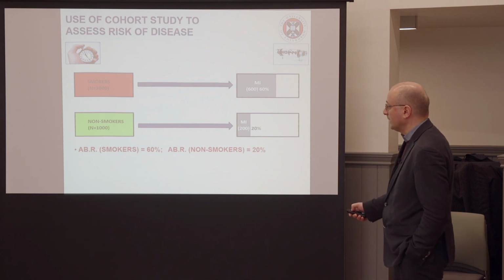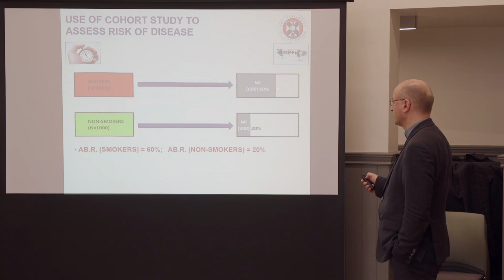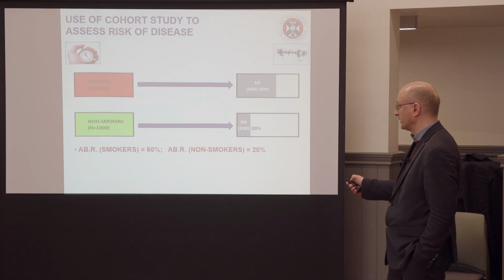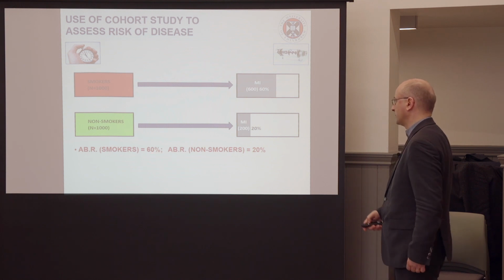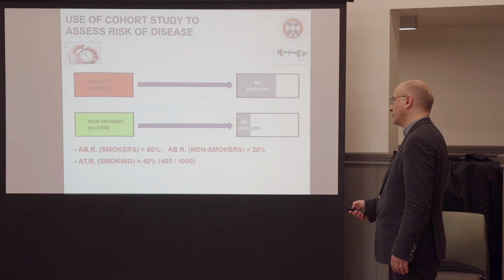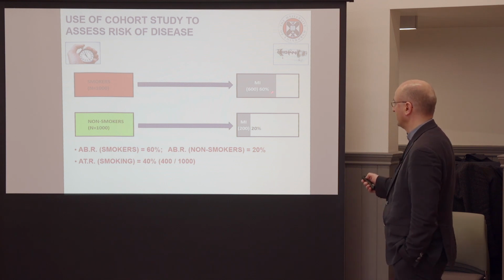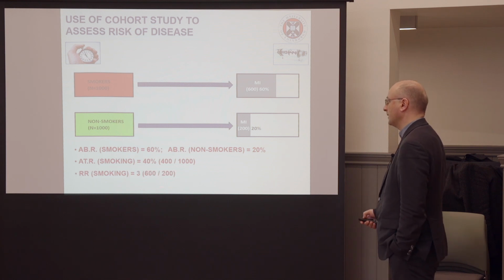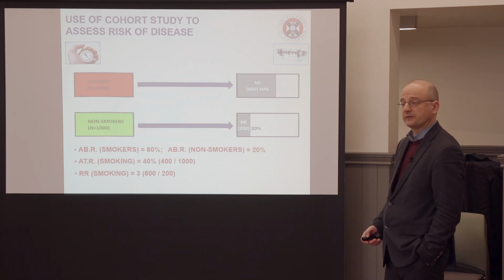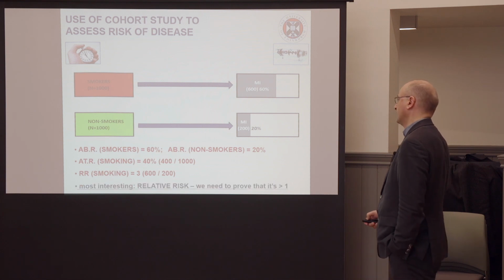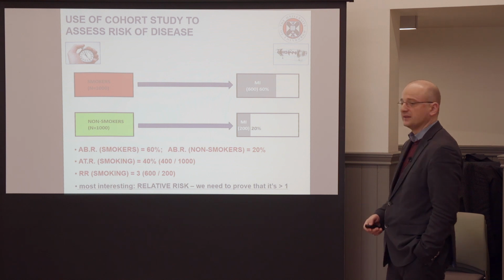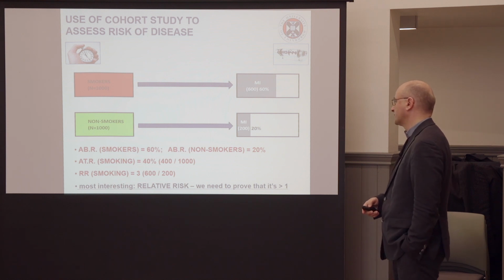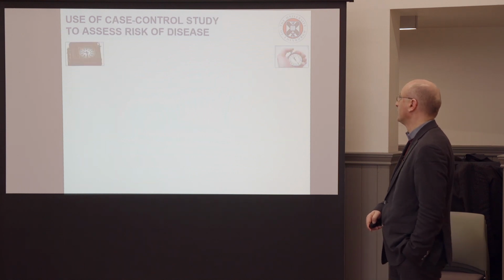So you can easily calculate absolute risk of smokers here to be 60% after this period of time, non-smokers 20%. Attributable risk of smoking is obviously 40% because you subtract them. Relative risk of smoking clearly is 3 because you divide them. And most interesting is always this relative risk or effect size. We're trying to prove that it's greater than 1.